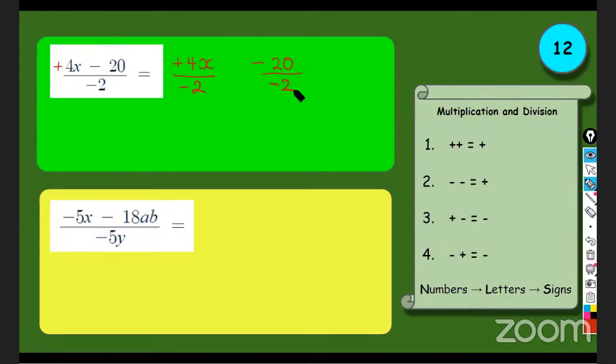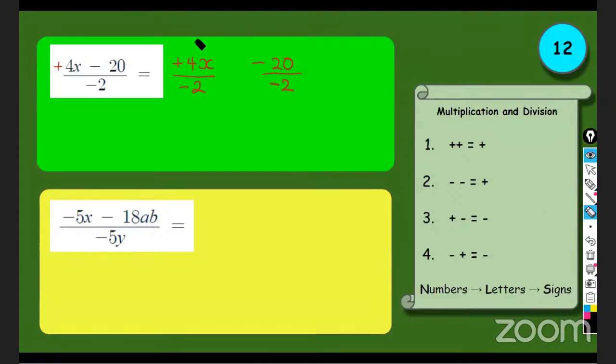You see how I duplicated the underneath value? Everybody on top gets divided by the item underneath. So you write it back individually. It's no longer one big divide sign. Everybody gets their own personal divide sign to show that we're getting divided by that -2.